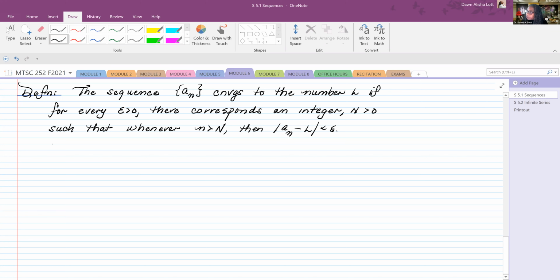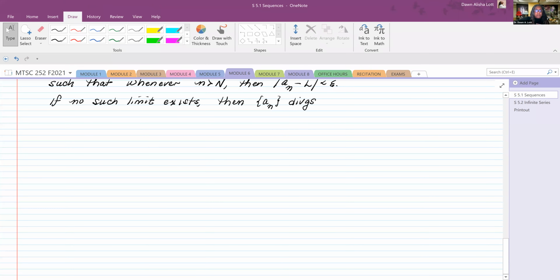If no such limit exists, then a sub n diverges. All right, so now this section is going to take you all the way back to the beginning of Calculus 1, where you are computing limits.